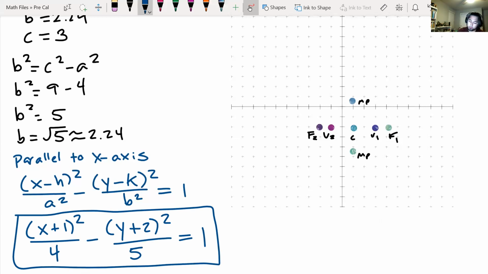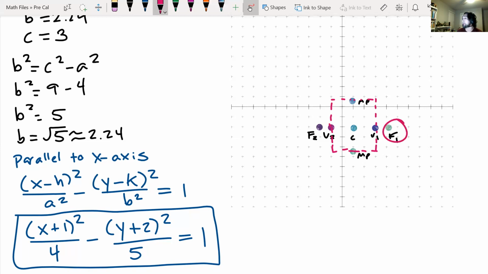Now to graph this, I'm going to connect the minor points to the vertices and create my fundamental rectangle. And now we know which way our hyperbola will open.